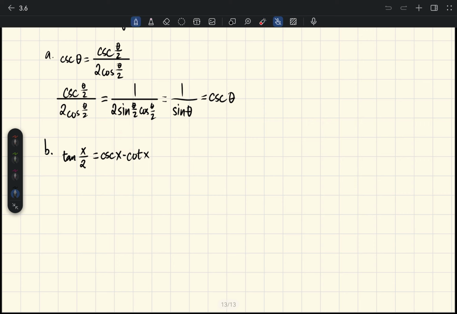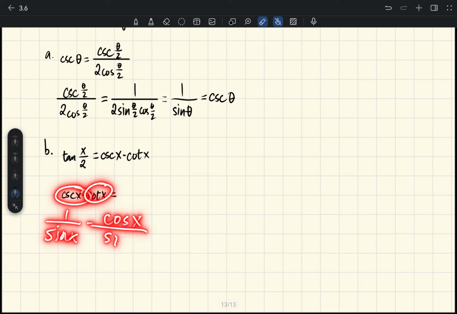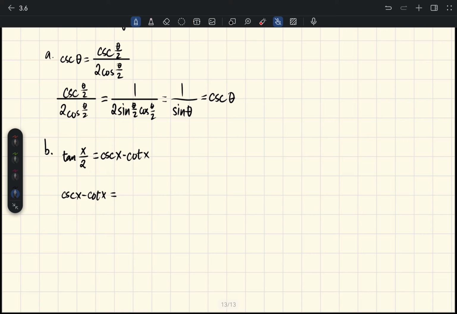Let's start with the right side. You have cosecant x minus cotangent x. Take note, we can write this as 1 over sine of x, while cotangent x could be written as cosine of x over sine of x. So you have here 1 over sine of x minus cosine of x all over sine of x, which you can combine as 1 minus cosine of x all over sine of x.